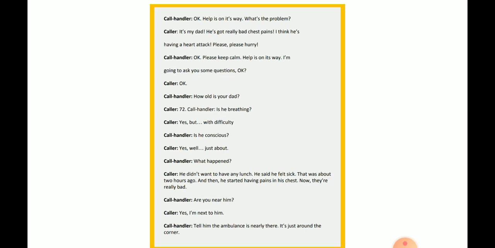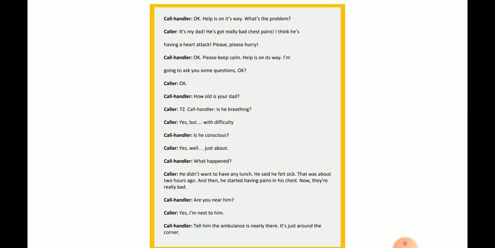Call handler: How old is your dad? Caller: 72. Call handler: Is he breathing? Caller: Yes, but with difficulty. Call handler: Is he conscious? Caller: Yes, well, just about. Call handler: What happened? Caller: He didn't want to have any lunch. He said he felt sick.